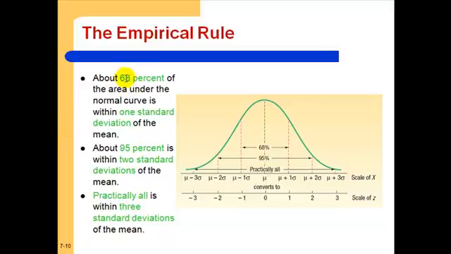About 68% of the area under the normal curve is within one standard deviation of the mean. What does that mean? Around the mean number under the normal distribution curve, the area is 68%. Around the mean, 95% is within 2 standard deviations of the mean. And practically all is within 3 standard deviations of the mean.